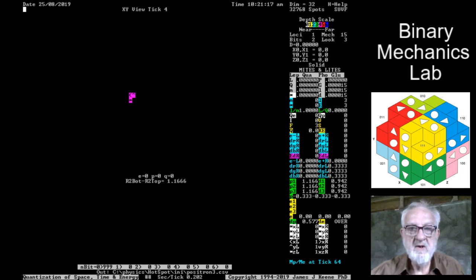Here we go. The bits that started out in the positron spot have separated into 3 proton bit cycles. I'm going to press the C key to pause it on a cycle of 21 ticks.